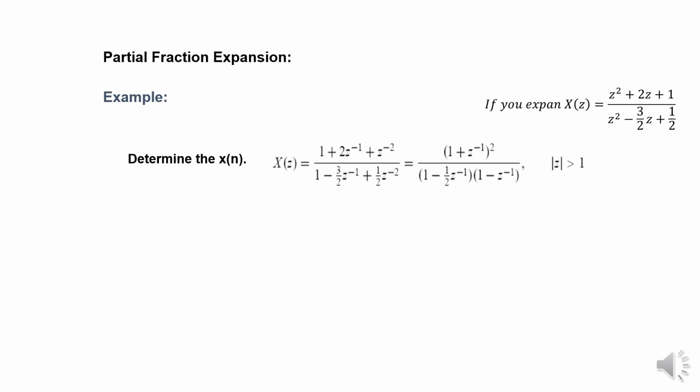The numerator is z plus 1 squared, and the denominator is z minus half into z minus 1.